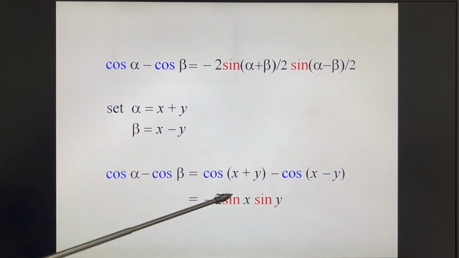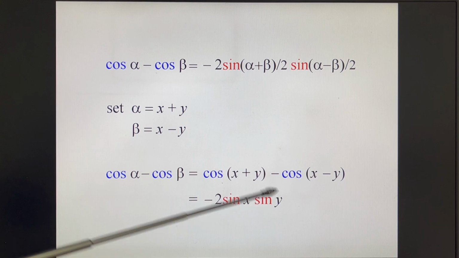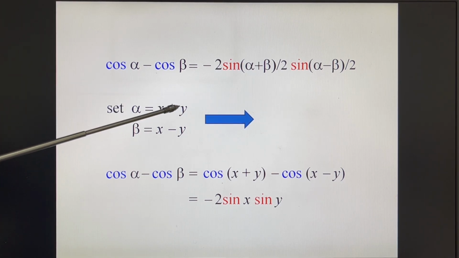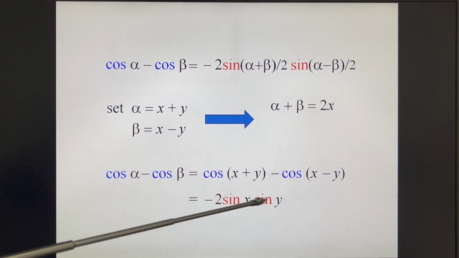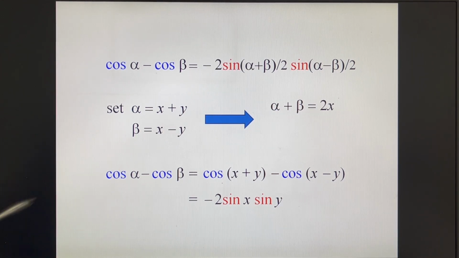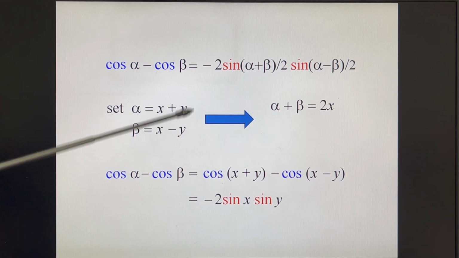We also try to get x and y in terms of alpha, beta. Alpha plus beta, y cancelled out, 2x. So x equal to half alpha plus beta. Alpha minus beta, x cancelled out, y minus y, 2y.